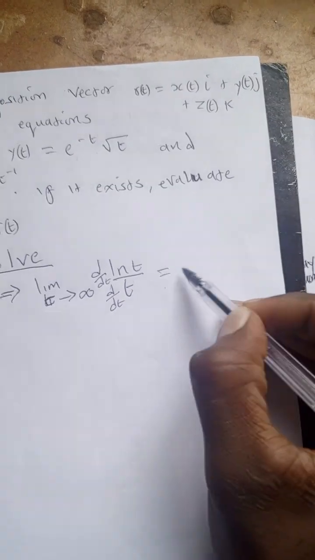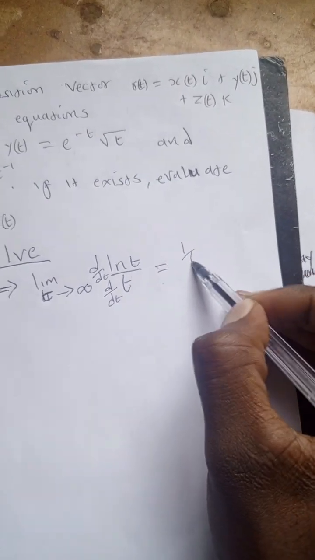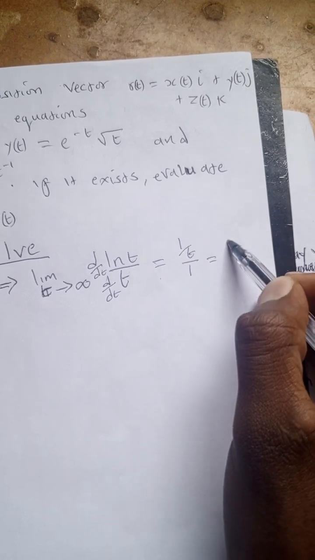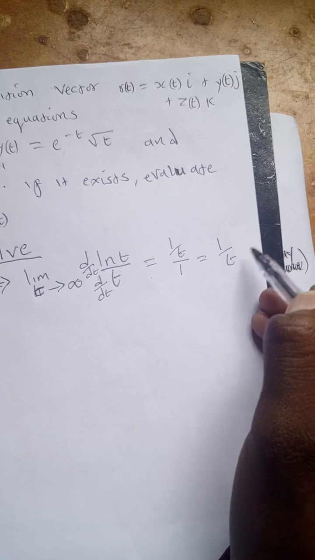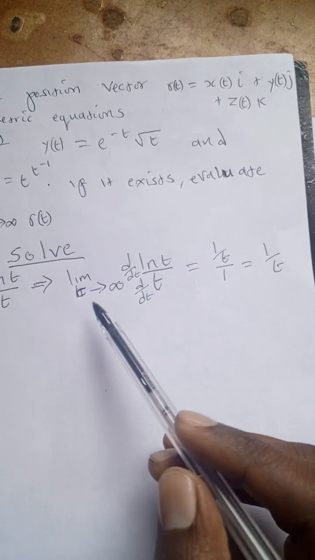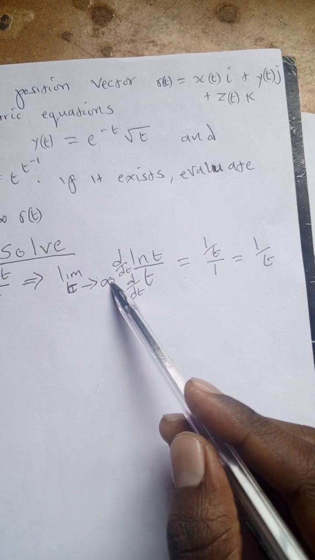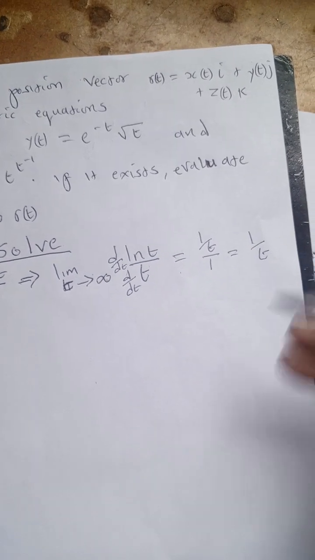When you differentiate the top part, we get 1 over t. When you differentiate the bottom part, we get 1, which is just 1 over t. Now, remember, the limit was as t approaches infinity, so we're taking the same limit there.